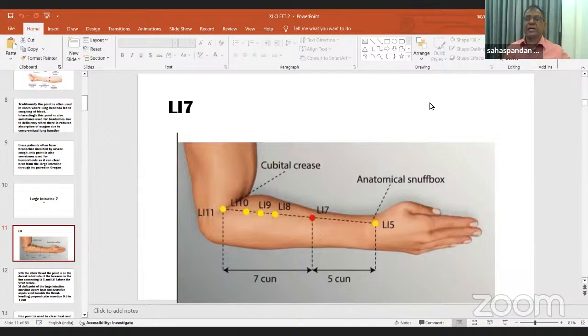Okay, this is Large Intestine 6, the connecting point of the large intestine meridian.